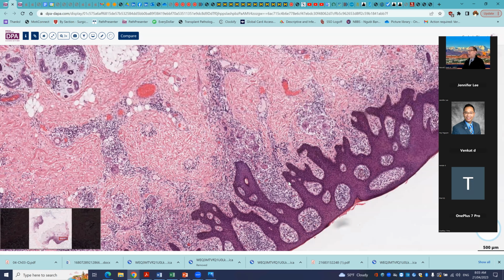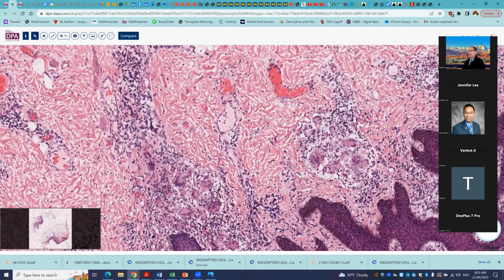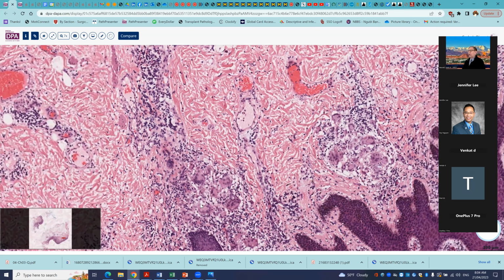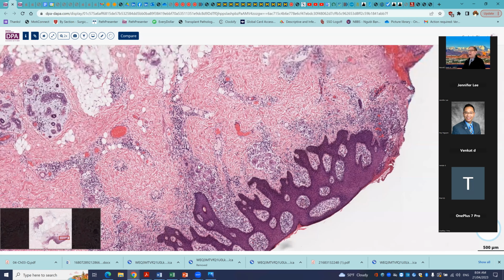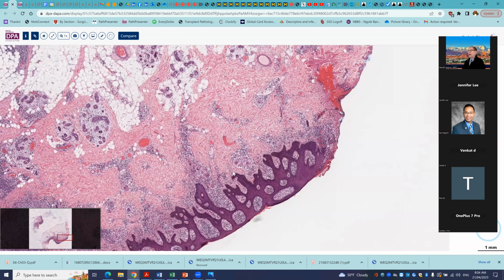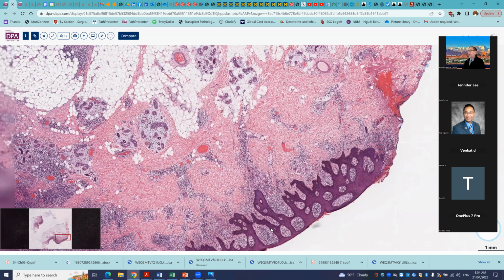And so this is an interesting question that the surgeon asked me. Could this be just hidradenitis suppurativa, or is this cutaneous involvement by Crohn's disease? And that question, I think, is answerable.